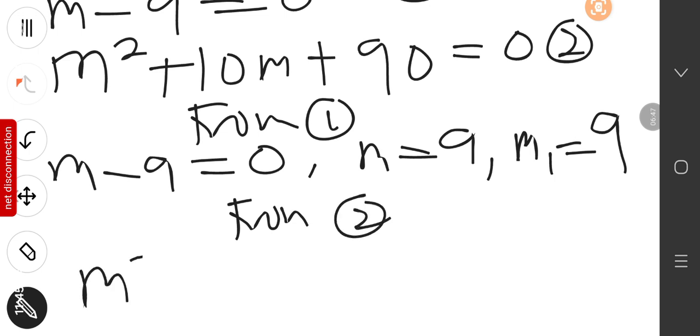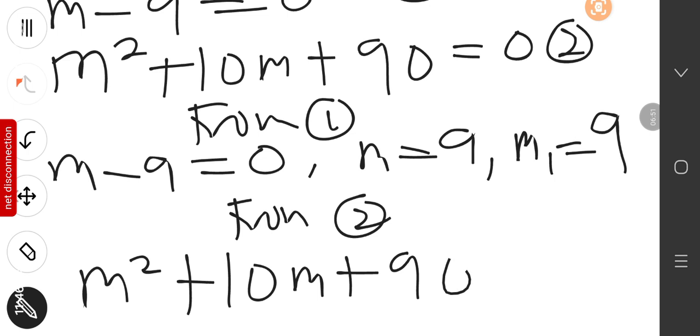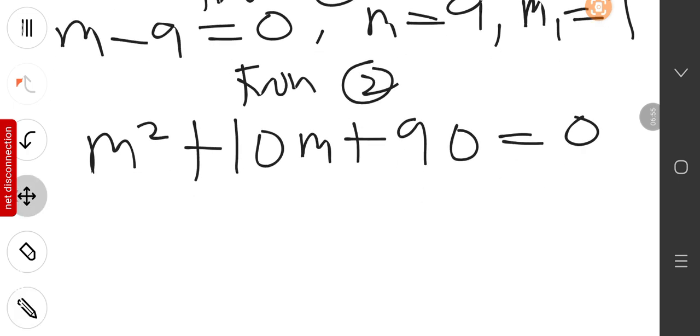Then from equation 2, we have m squared plus 10m plus 90 equals 0. So this is a quadratic equation. So we expect two values as answers here. Now let's use the discriminant to check our equation.